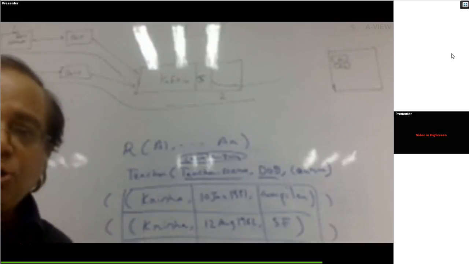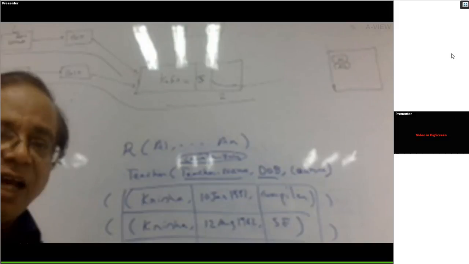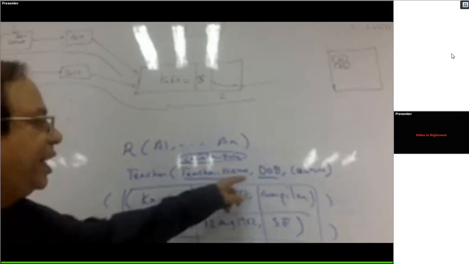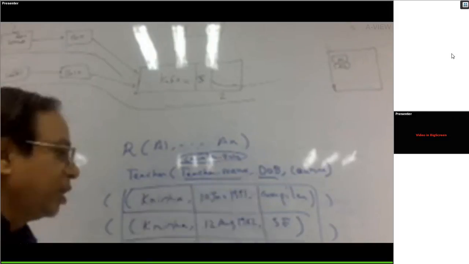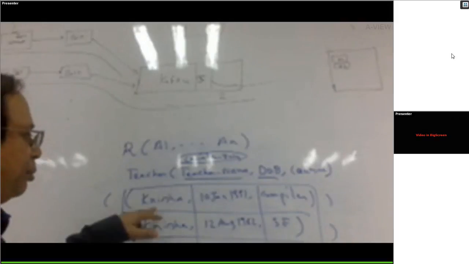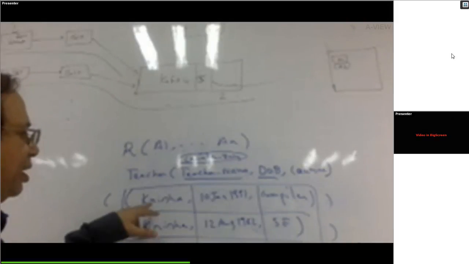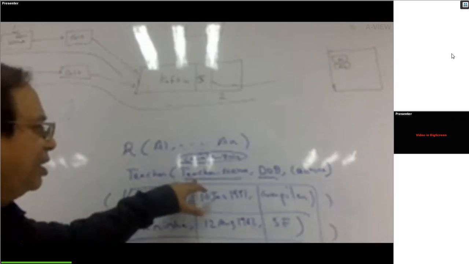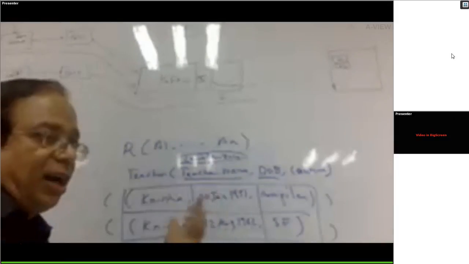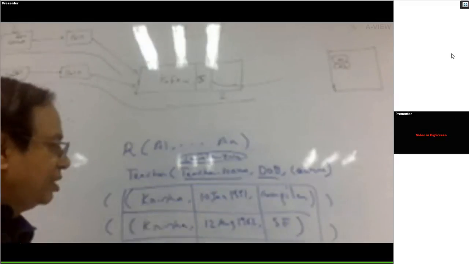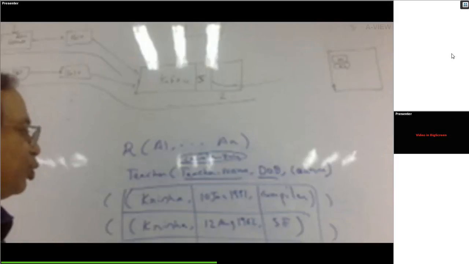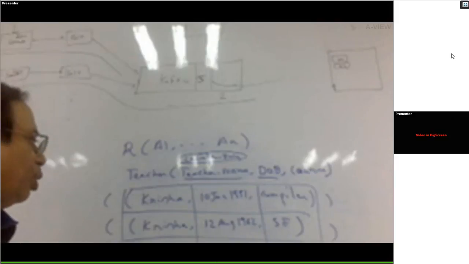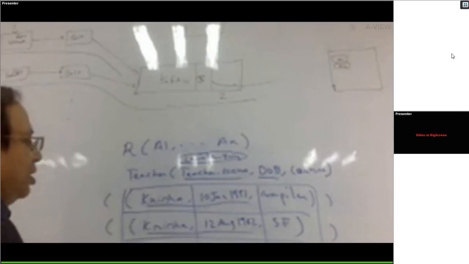As you're storing the teacher information, you can make the assumption that teacher name plus date of birth, these two put together, are going to be unique as far as these tuples are concerned. So every tuple can be uniquely identified by looking at both these attributes.